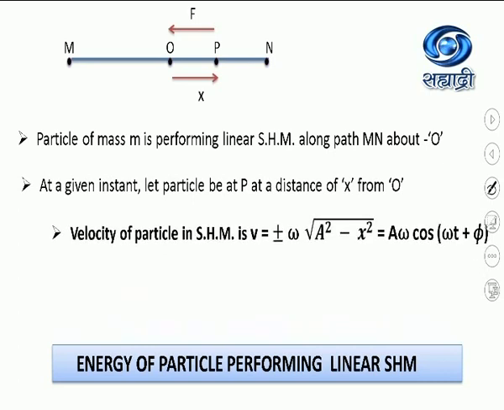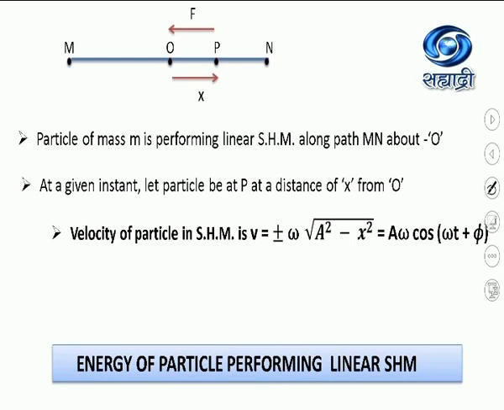The velocity of a particle at a given position x can be calculated with the expression v is equal to plus or minus omega root of a square minus x square, where a is the amplitude of the linear SHM. In terms of time, velocity can also be written as a omega cos of omega t plus phi.